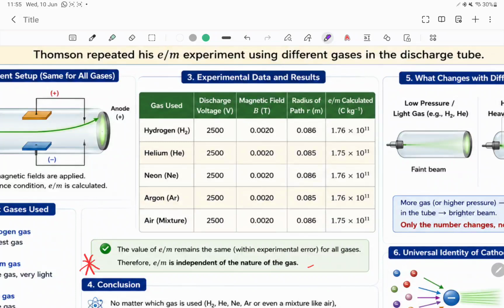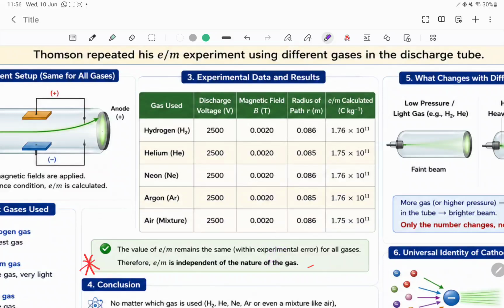So the cathode negatively charged particles are electrons. If you take hydrogen, the only thing that changes is this: since different atoms have different valence electrons, the number of electrons may be different, but their nature, their charge, is the same, right? So this experiment proved that the e/m ratio remains the same for all the gases. Therefore, e/m is independent of the nature of the gas.